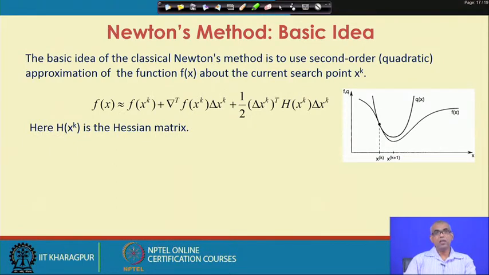The basic idea of the classical Newton's method is to use a second order or quadratic approximation of the objective function about the current search point x k.